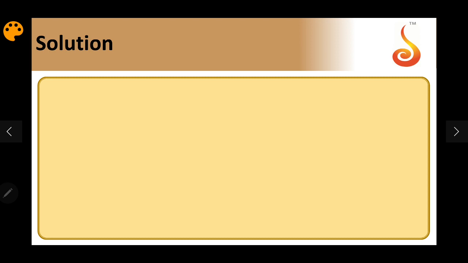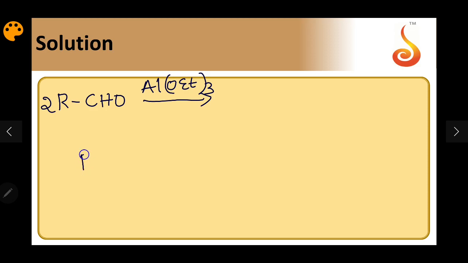So, the Tishchenko reaction is basically, if I take the general reaction, RCHO, 2 molecules are required. If I react this with aluminium ethoxide, one molecule undergoes oxidation. To write the product, I can write RCOOH, the oxidized molecule. The other one gets reduced, RCH2OH.